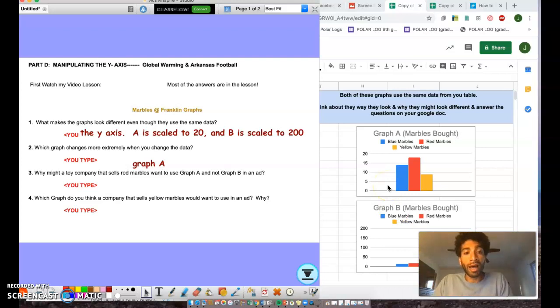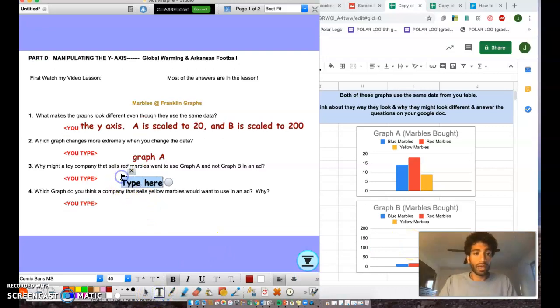So if I were a company that sold red marbles, I would use graph A because it makes the difference in marbles bought seem more extreme compared to graph B. So I would say I'll use graph A because it makes red marble sales seem larger.